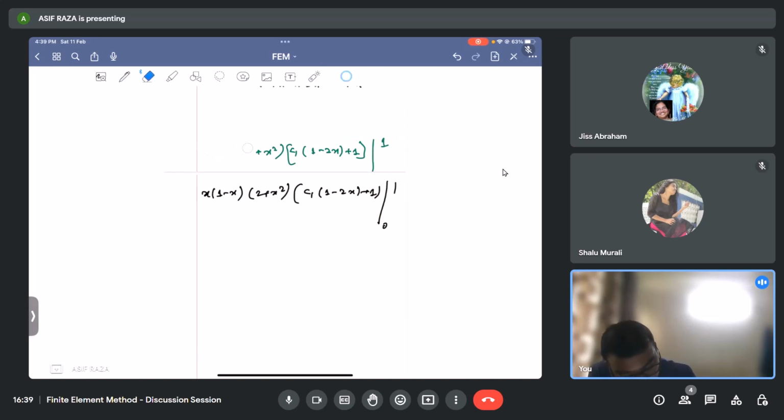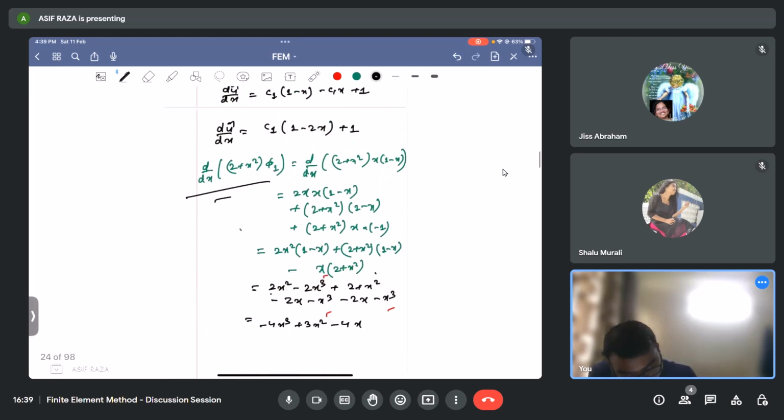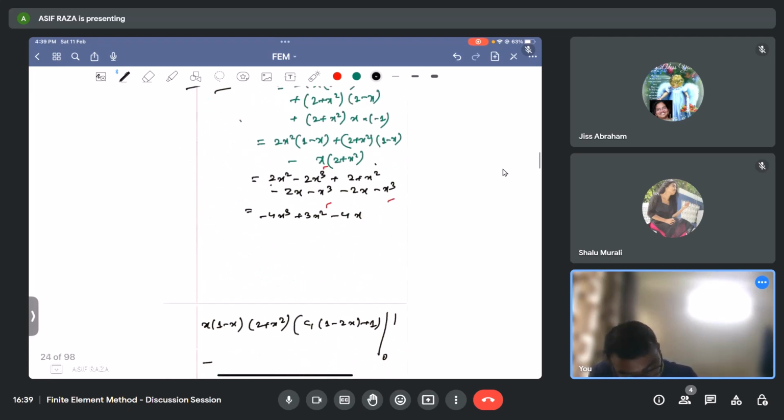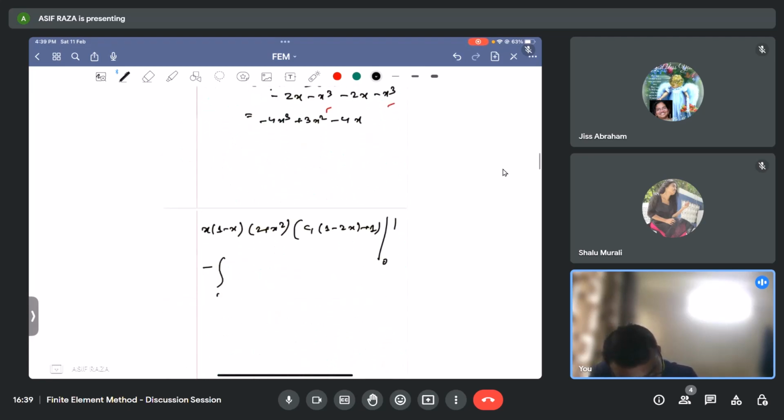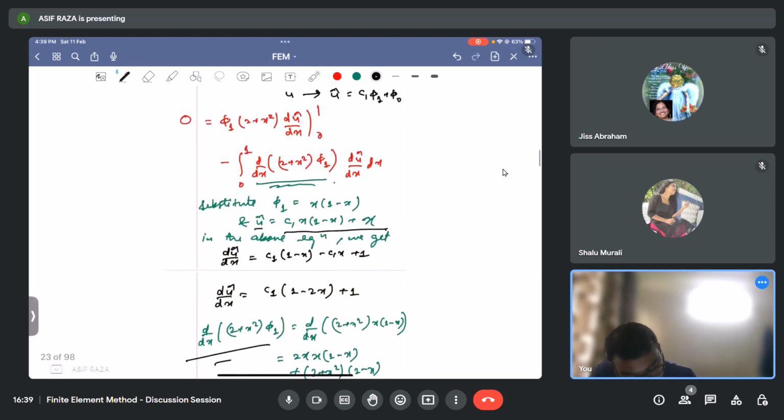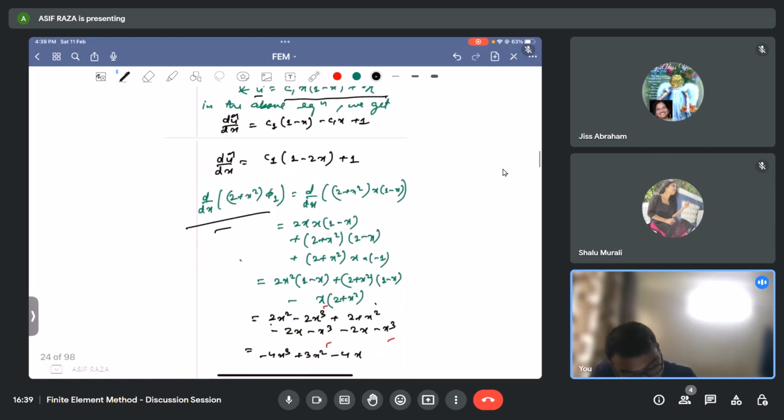Okay, I can erase this part now. Minus, 0 to 1, this one 4x cube plus 3x square minus 4x times du prime by dx.